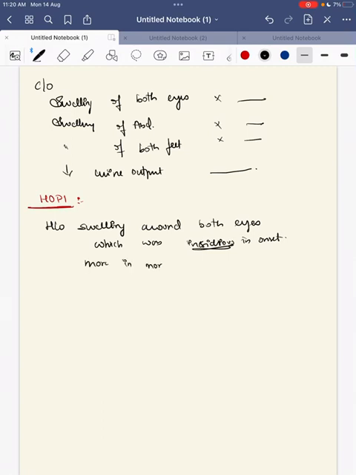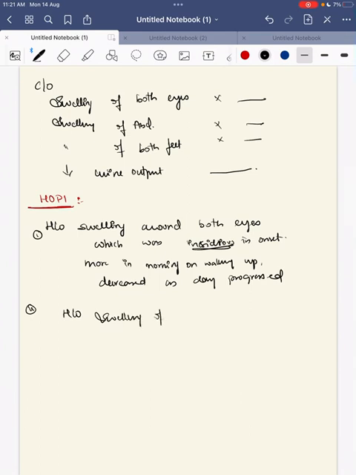So you have to mention that. It was more in the morning on waking up and decreased as the day progressed. Okay, so this will be your first history. Second will be history of swelling of both the feet.